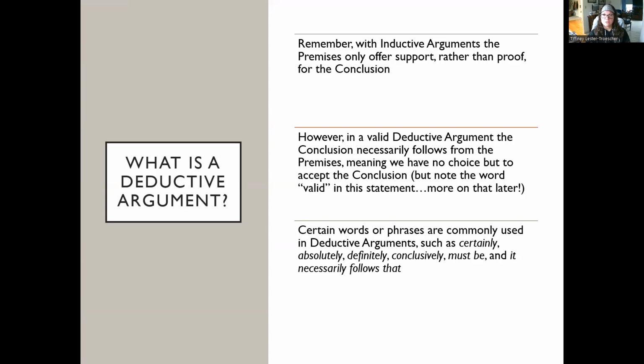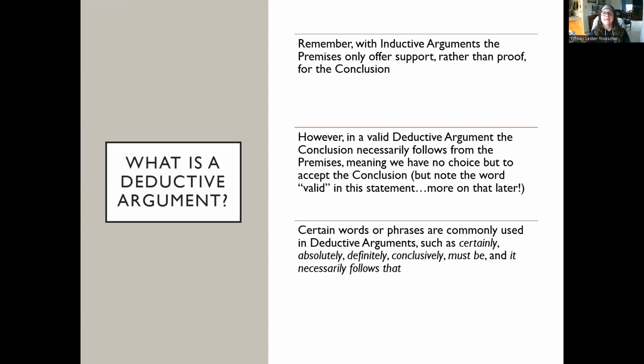We don't know what's going to happen. So we use inductive argument to come up with the most likely scenario. So in that respect, inductive arguments, the premises, the reasoning behind the argument, the support of the argument, only offers us support and likelihood. It does not offer proof for the conclusion.